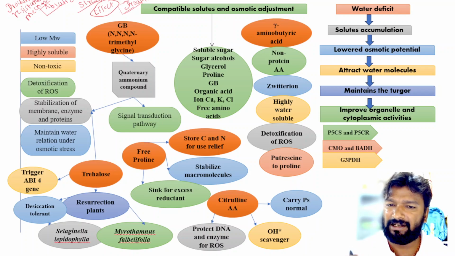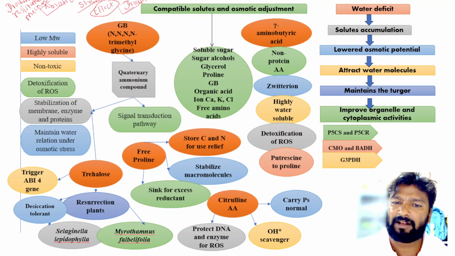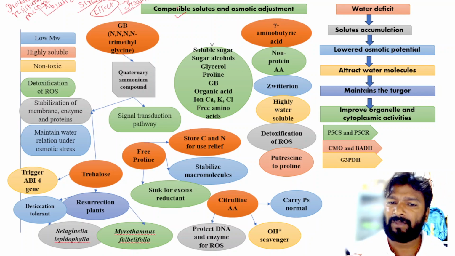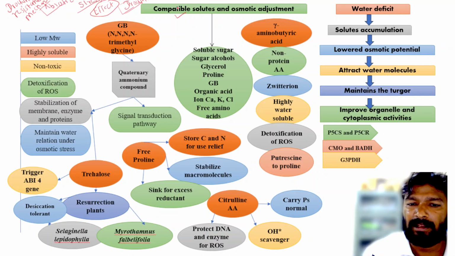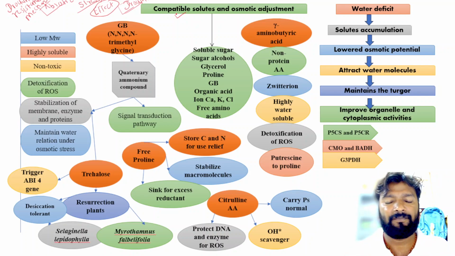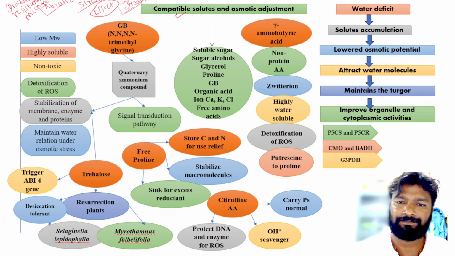So in this we had discussed that the accumulation of compatible solutes is one of the mechanisms by which the plant can generate tolerance capacity. In this lecture we will discuss compatible solutes and osmotic adjustment.